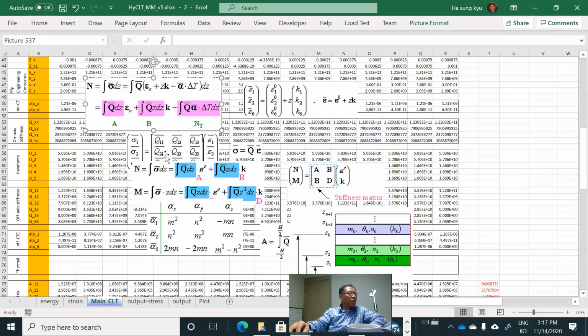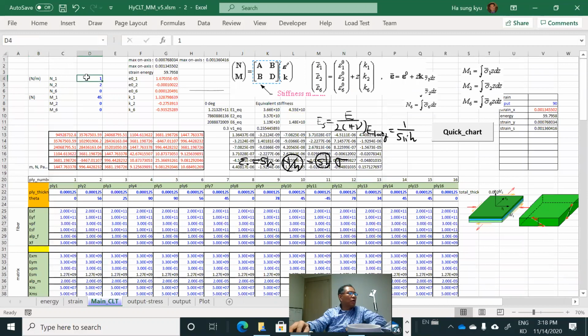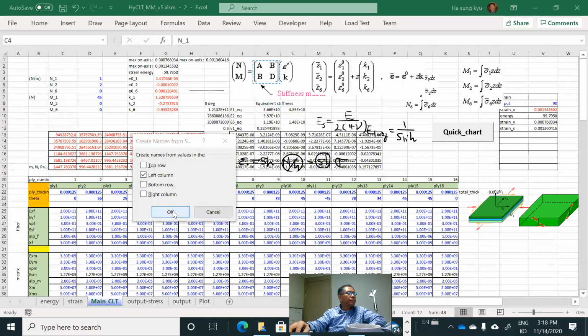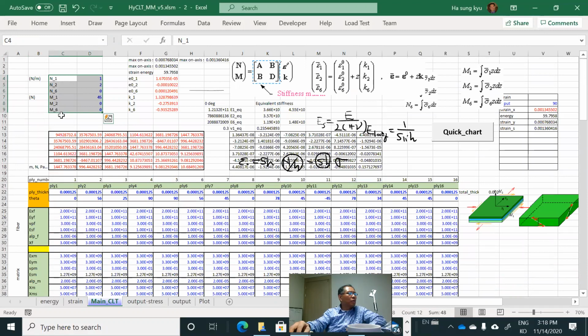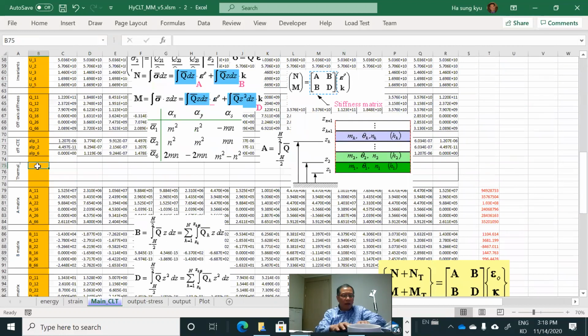How do you calculate? Well, we call them N1, it is called N. We didn't give a name. We can give a name, N1, 2, and so on. Now we can say this is the N thermal 1, N thermal 2, N thermal 6. Okay.